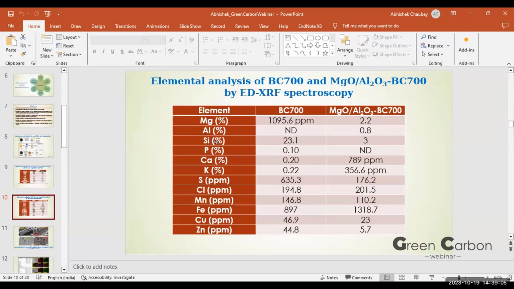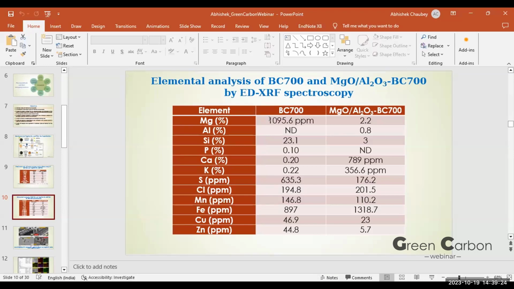Now we also performed the EDXRF, the elemental analysis, to see what the concentration of these metals was in the biochar as well as its modified version. We found that the metal concentration increased from 1095 ppm to 2.2%.